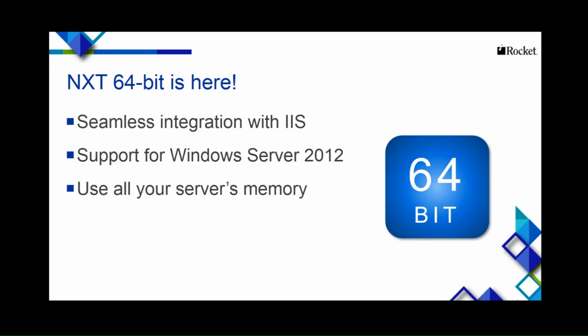The 32-bit version of NXT was restricted to only using 3 gigabytes of RAM, with 1 gigabyte being reserved for IIS. This version allows you to utilize all your server's memory. So it really allows you to provide more processing power to your users and to allow you to ingest larger content sets.